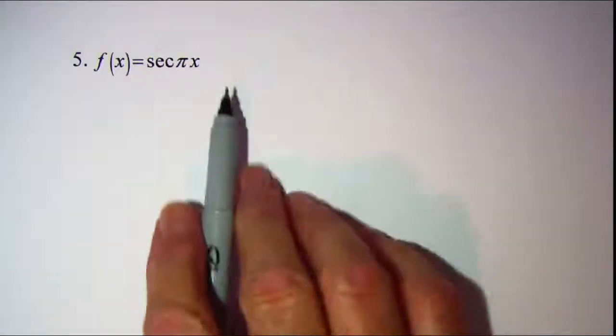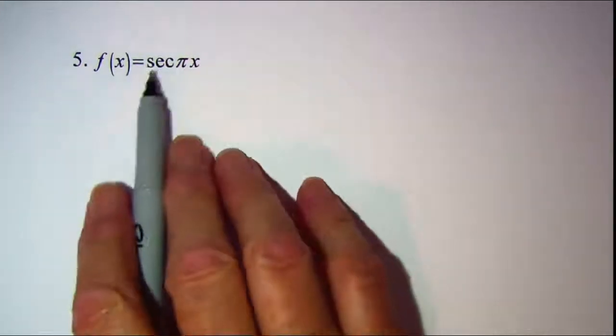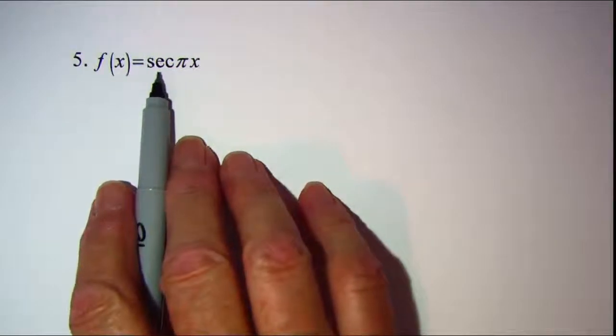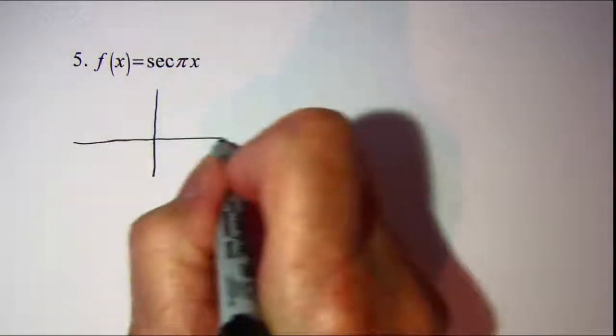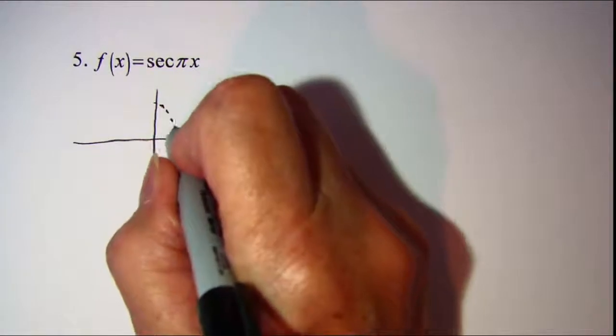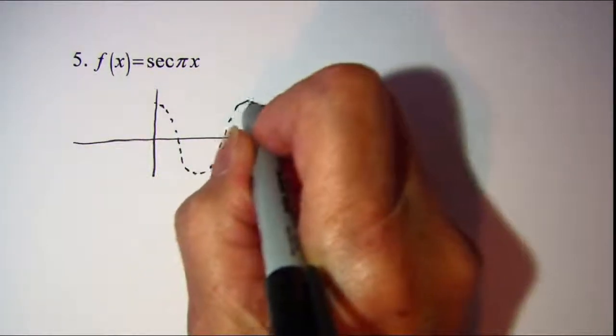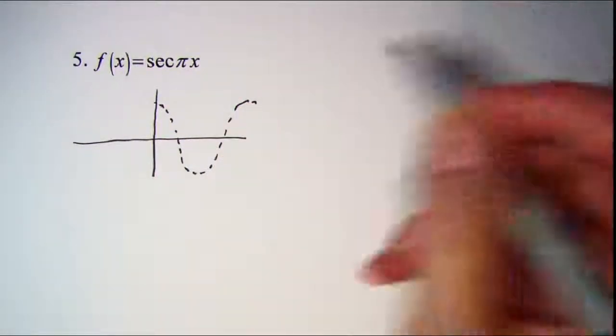Now for this one, we want to determine the vertical asymptotes. We know that secant is the reciprocal of cosine. So I'm going to look at the graph. Cosine graph looks like this.